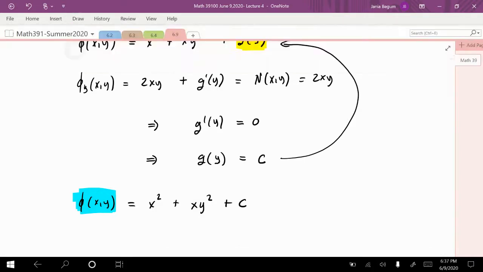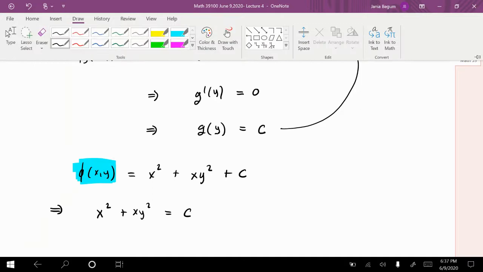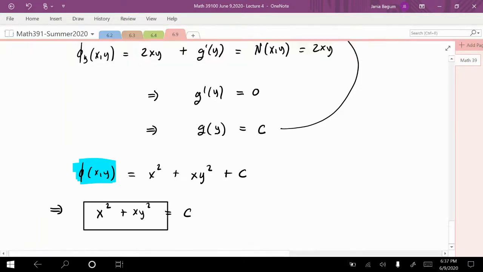So you have a constant and then you have another constant on the right side. I can just put them both together and say they're equal to a constant. So we can say that x squared plus xy squared is equal to just a constant. Now, is that the solution we got initially when I said observe?